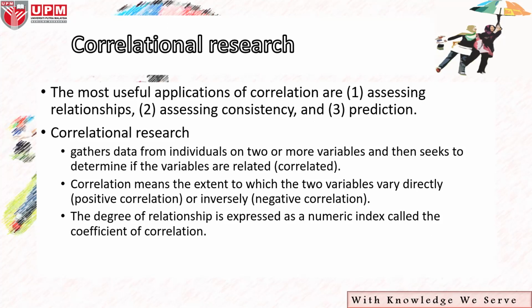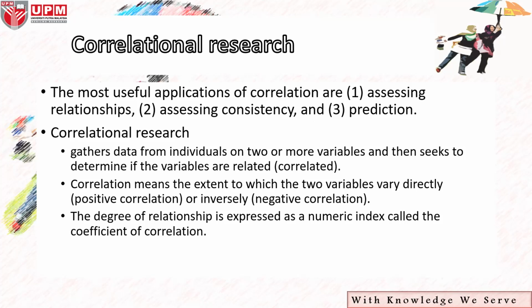Is there any manipulation of variables? If there is any manipulation of variable, then you may consider the design under experimental. If no manipulation of variable, and you're just interested to see the connection or the correlation between variables, then probably the design is correlational research design. Then provide your justification why it is correlational research design. Faham? Itu yang saya expect dalam you all punya proposal writing. You specify the design. Kena ada, wajib.